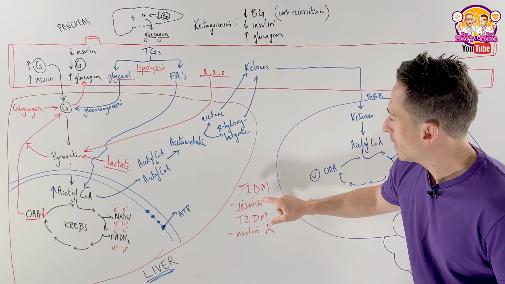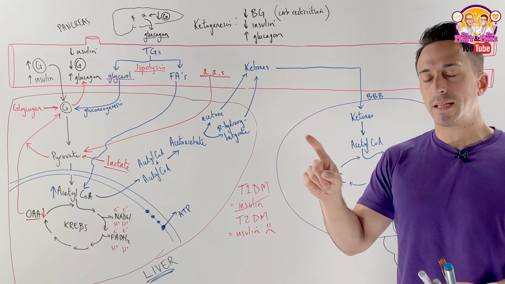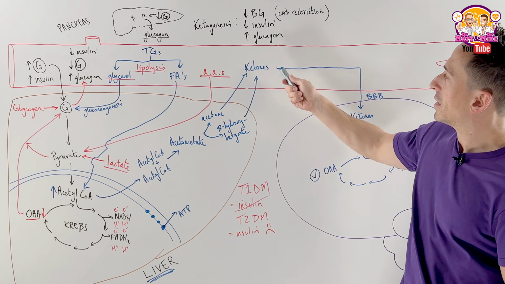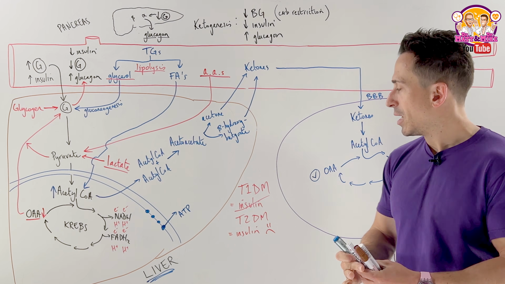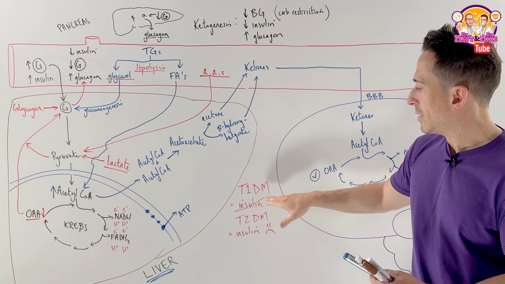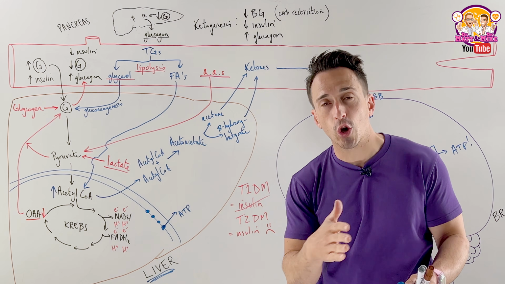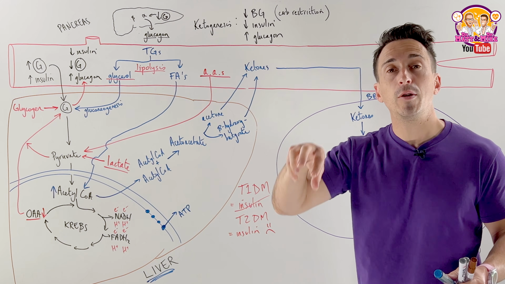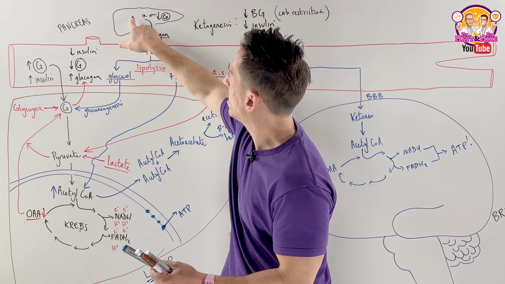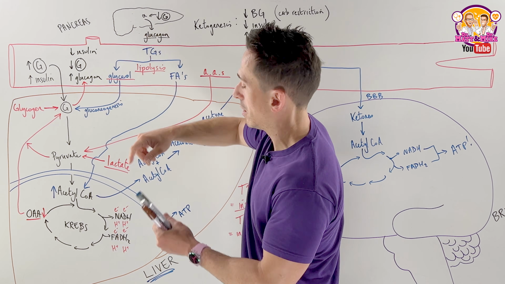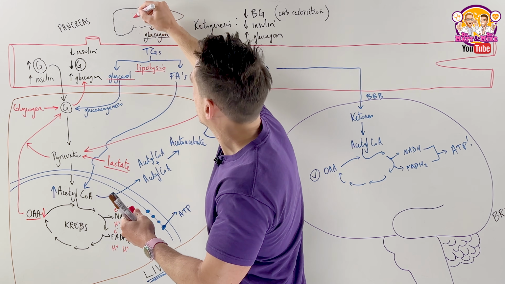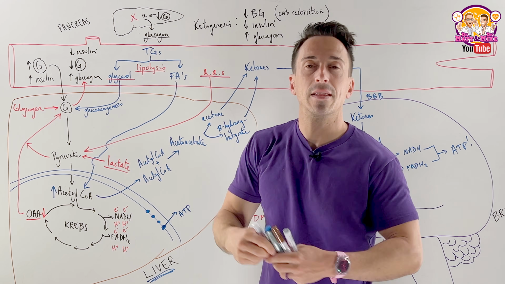All right, so let's take type 1 diabetes, because this is the scenario in which the ketones can really get produced. Type 1 diabetes is an autoimmune disease. It generally happens earlier in life where the immune cells are attacking these beta cells of the pancreas. And if they've done that, there's no beta cells and there's no insulin.